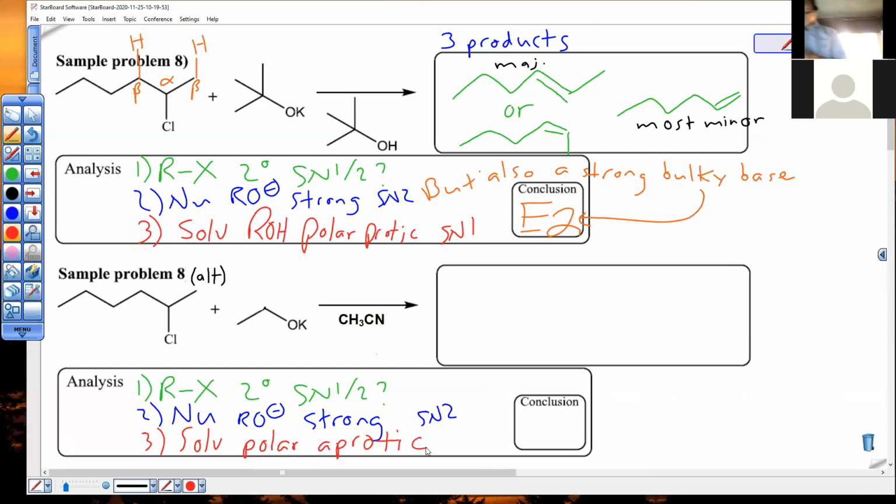Aprotic also favors SN2. We are like an SN2. And I don't have a stereocenter showing. I know it is a stereocenter. So I will write down 50-50 R and S. No, I won't. I don't know what to write. And that should be blue.